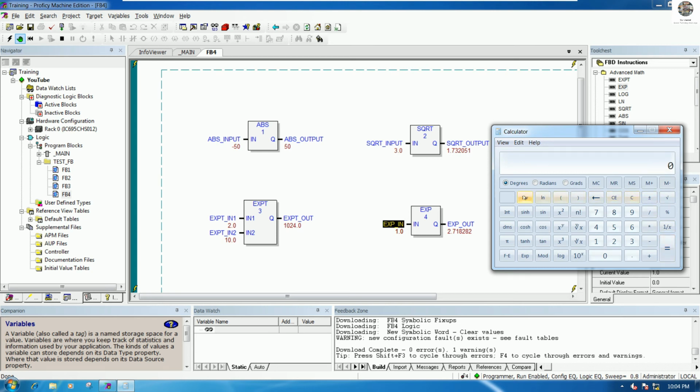Okay, I can invert it. Example 1, it means that this one equals 2.71. It is e power by x. It means e power by 1, so equal to 2.71.